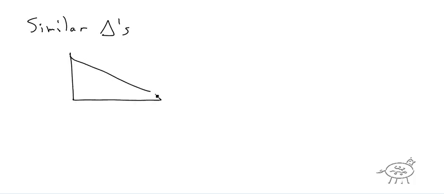Okay, let's talk about similar triangles. Basically the sides have to be proportional to the sides of the other triangle. So sides proportional.